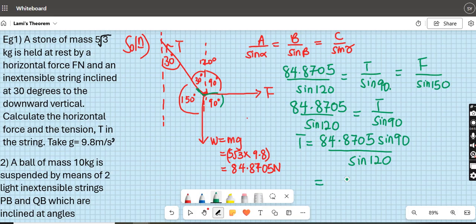And what will this give us? If we compute this, we should get exactly 98 newtons. And that is our T.